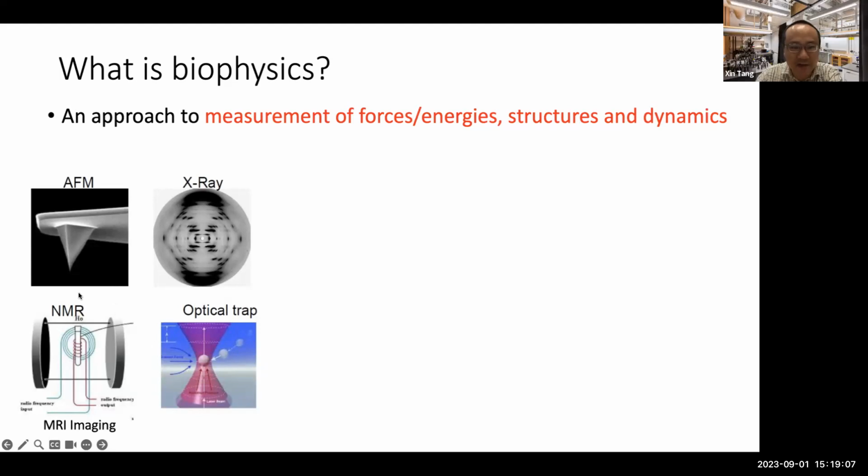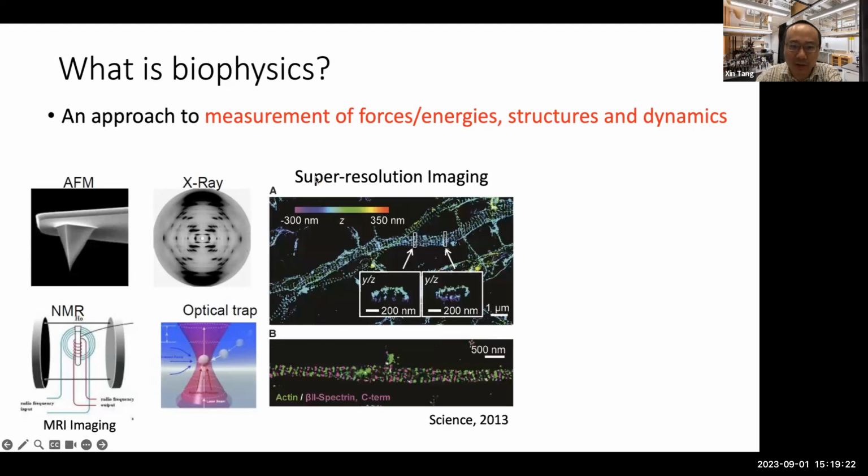These are very typical physical tools people developed using physical laws to understand biological systems. About 10 to 20 years ago, there were also advances in the imaging field. One important method is called super resolution imaging.